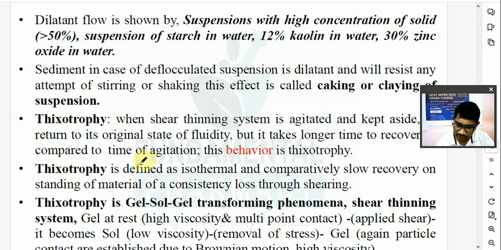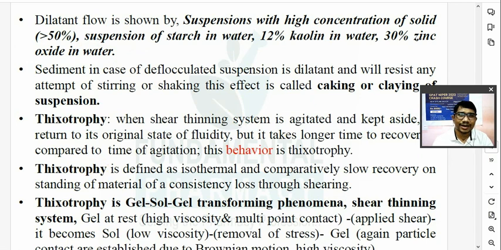So इससे आप यहाँ पे थोड़ा सा याद रख सकते हो कि plastic flow is shown by flocculated suspension, some gels, okay, then paints, etc. Okay. Then pseudoplastic flow is shown by the polymer in the solution, like sodium alginate, tragacanth, methyl cellulose, then carboxymethyl cellulose.